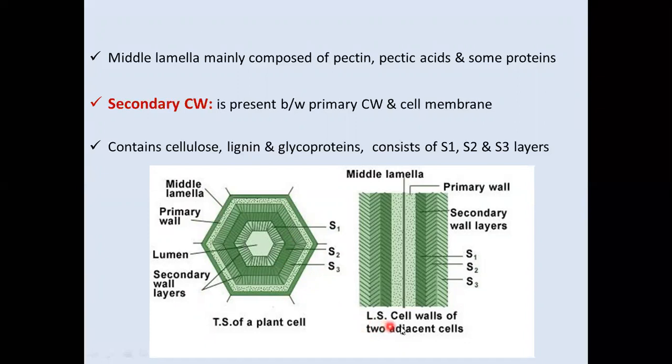This is the longitudinal section of the cell walls of two cells. You can see the middle is the middle lamella. The middle lamella acts as a cement to join two cells. This is one cell, this is another cell, this is the primary wall, and this is the secondary wall. You can see this is S1, the first one is S1, second S2, and S3.